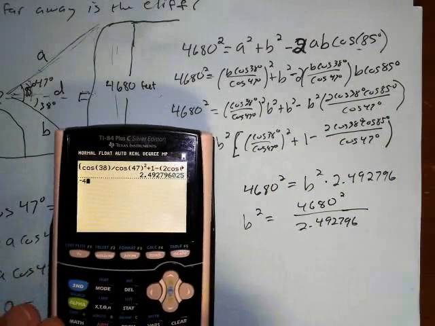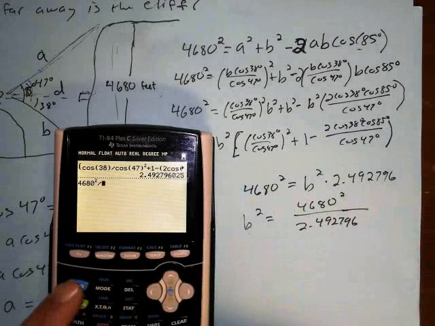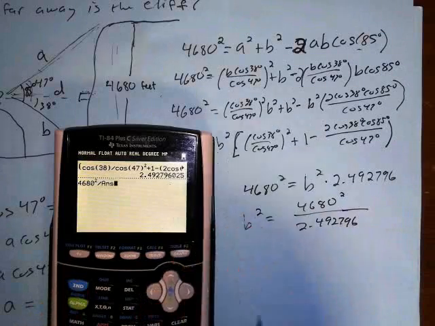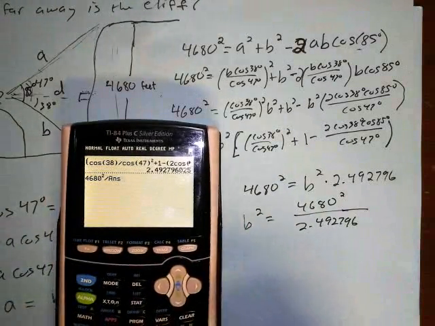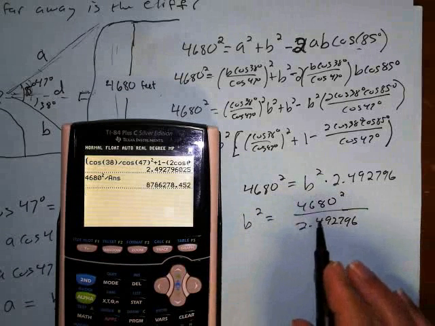I'm going to just take 4,680 squared, and I'm going to divide it by the answer here, since it's already up there. And I'll click equal. And so b squared is equal to that.